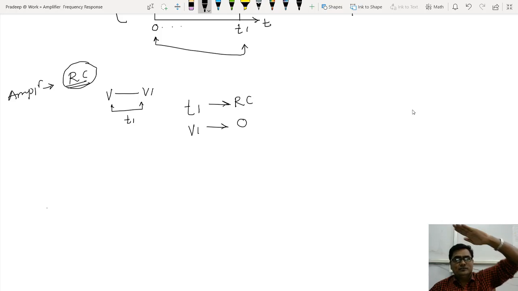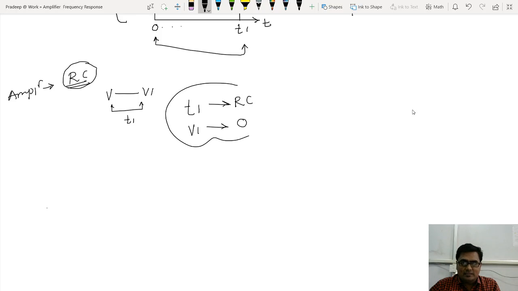The more the time increases, this V1 goes down, down, down, it will go to 0. That is, V1 will go to 0 if time T1, that pulse width, tends to the RC time constant. So that is what I can say is the rate of change.